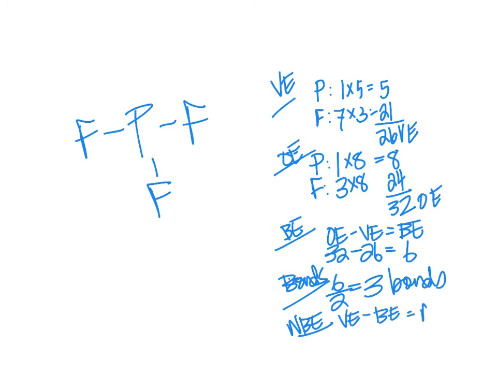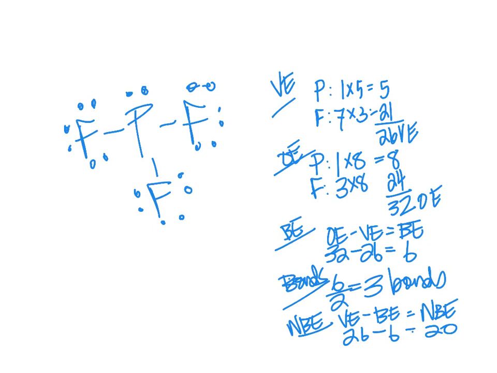Valence electrons are 26. Bonding electrons are 6. So that means there are 20 non-bonding electrons. So let's draw those in. So we've got 6 around each fluorine in order to give each fluorine octet, because remember a bond has 2 electrons. So that's 18. And then we have 2 more, so that's 20.